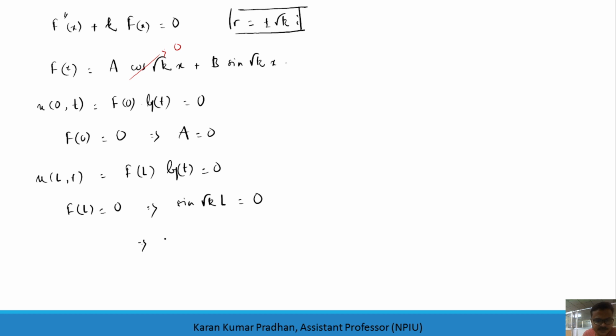So square root of k L equals n pi, because sine of n pi is 0, where n is a positive integer: 1, 2, 3, 4 and so on. So k equals (n pi by L) squared.